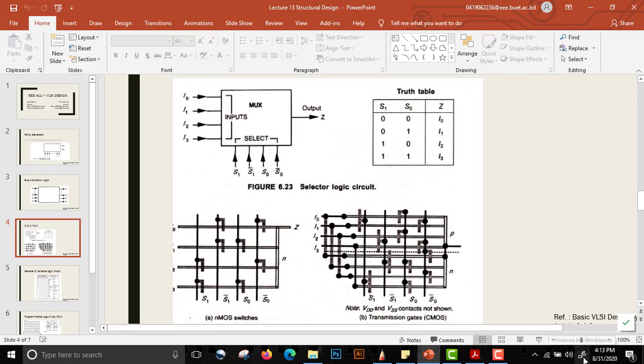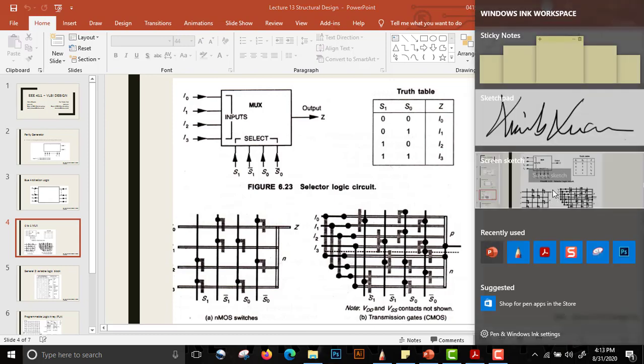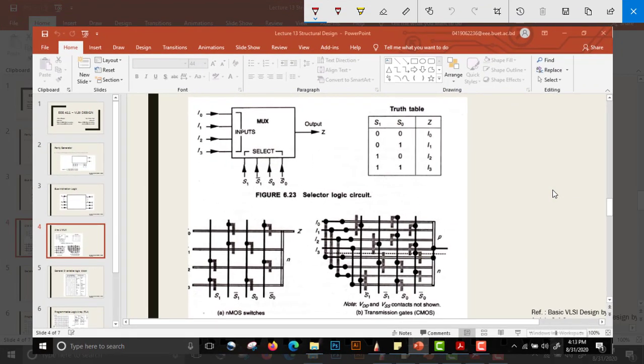If the select pins are 0 and 0, it will map I0 with the output z. If select pins are 0 1, it will map I1 with the output. If select pins are 1 0, it will map I2 with the output, and if select pins are 1 1, then it will map I3 with the output.